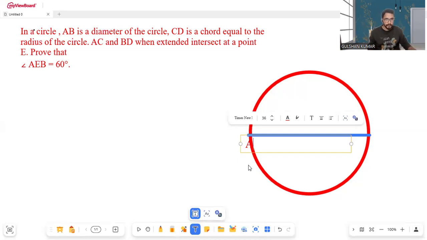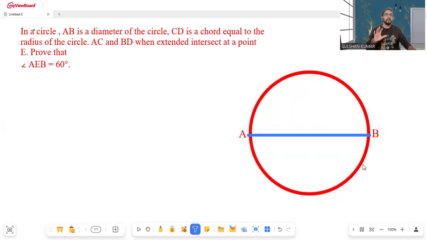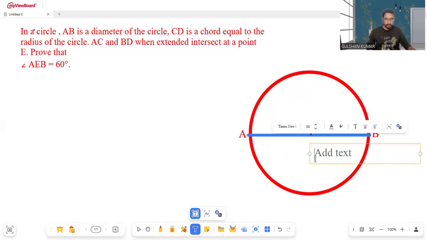This is A, which will be here, and another is B, which is here. So we have a diameter AB, and this point is O, the center of the circle.